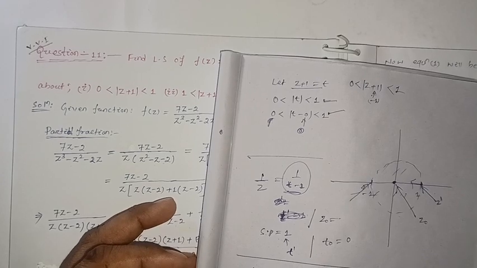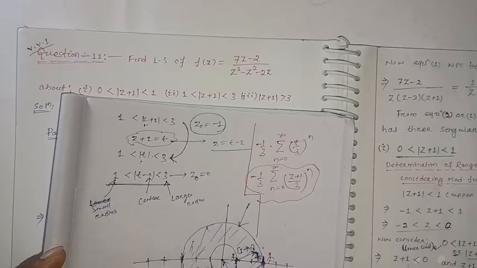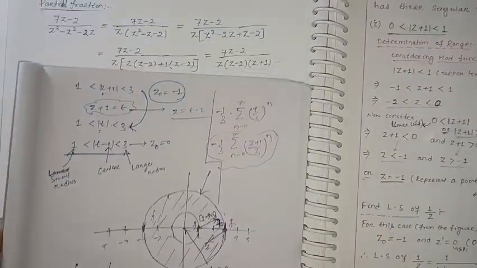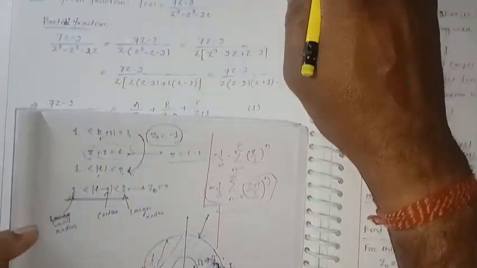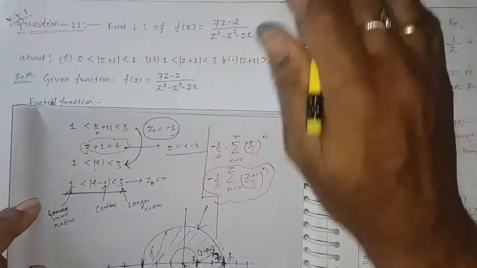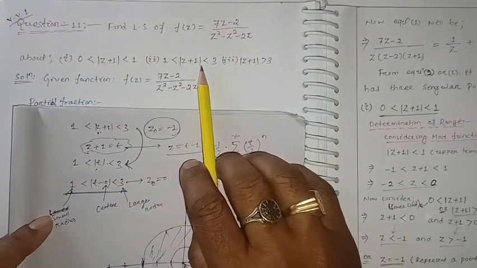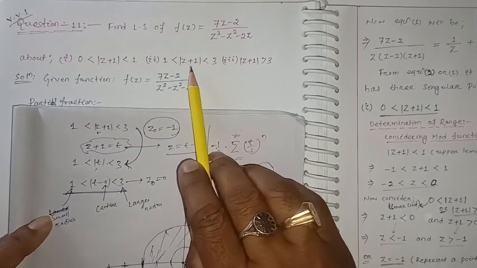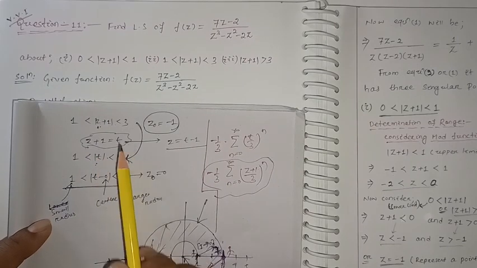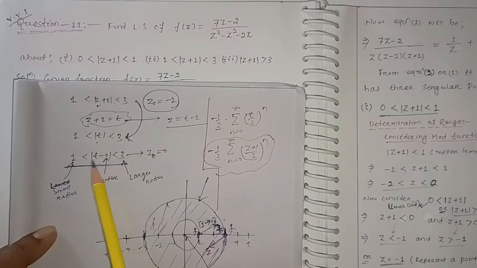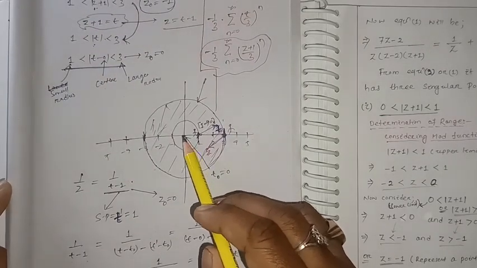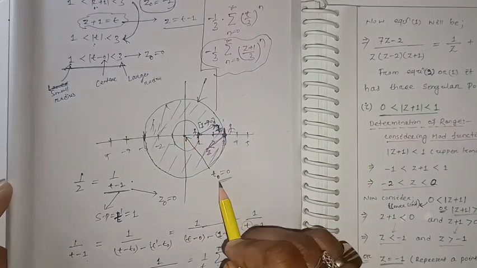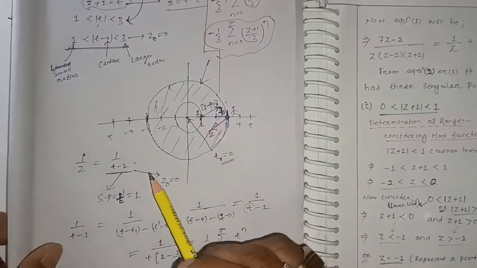This question also can be done by another method. What is that? I discussed in the previous class itself, suppose we consider the range 1 less than mod of z plus 1 less than 3. Here z plus 1 can be considered as t, then we have to consider the range as this one. 0 will be the center, 3 is the larger radius, and the smaller radius is 1.